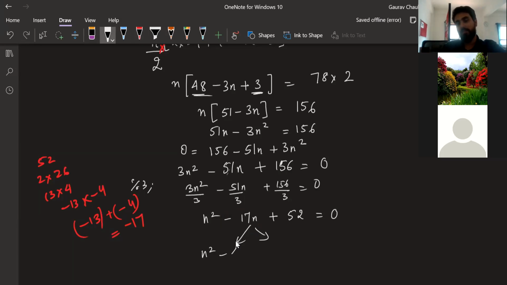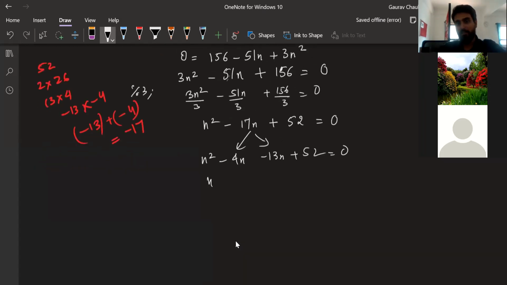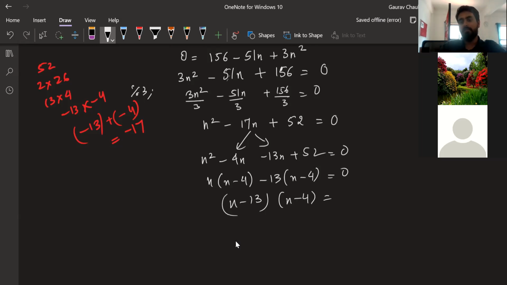I get n square minus 4n minus 13n plus 52 is equal to 0. I'm going to take the factors: n into n minus 4, minus 13 into n minus 4 is equal to 0. So n minus 13 into n minus 4 is equal to 0. So n minus 13 is equal to 0, or n minus 4 is equal to 0. So n is equal to 13 or n is equal to 4.